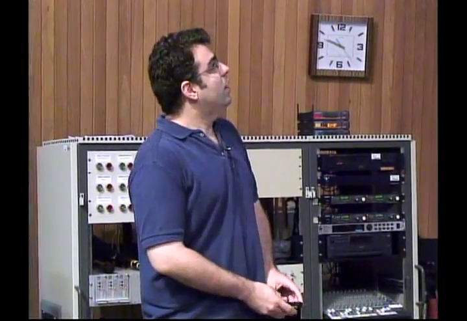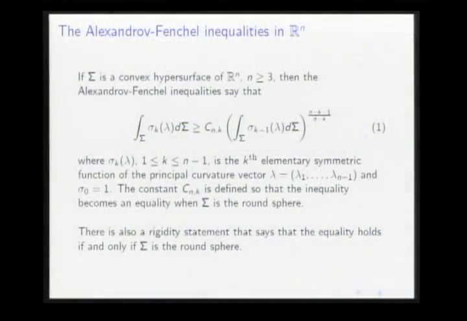All right, so let us recall what the Alexandrov-Fenchel inequality in Rn is. So this sigma k is the kth elementary symmetric function.